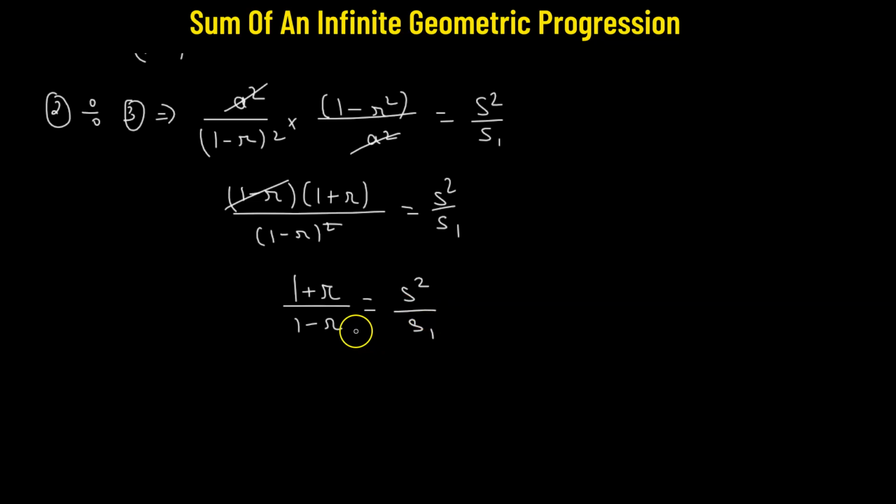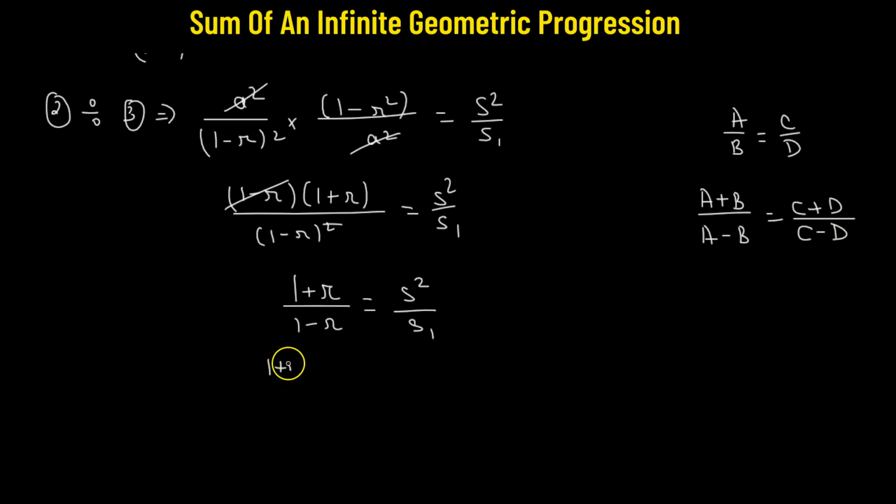Now we can use the method of componendo and dividendo. Componendo and dividendo says that if we have the ratio A over B equal to another ratio C over D, then A plus B divided by A minus B will be equal to C plus D divided by C minus D. That means we're going to get (1 plus R plus 1 minus R) divided by (1 plus R minus 1 plus R), equal to (S squared plus S1) divided by (S squared minus S1).